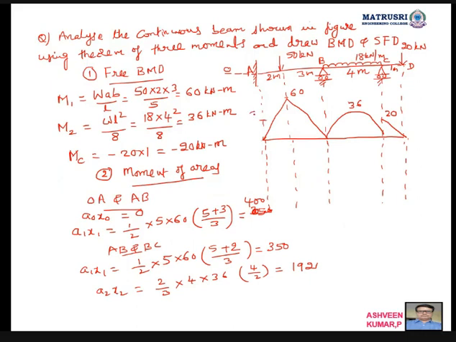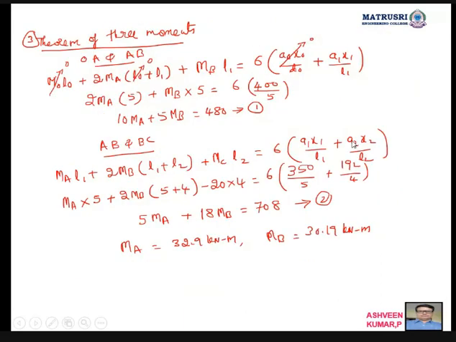We'll take 32.9, then 30.19. You want to join here, then from here to here 20. This is negative, this is positive, this is negative, this is positive, this is negative. This is your bending moment diagram.